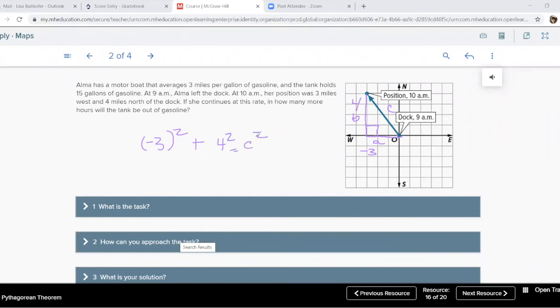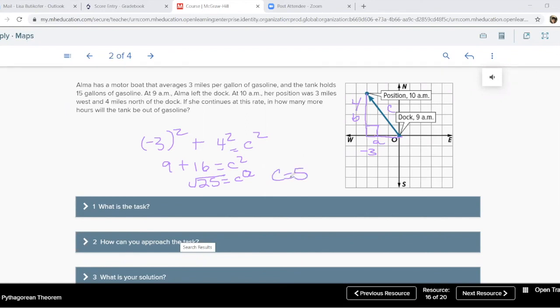Okay, so even if you did a negative 3 and you squared it, you're still going to get a 9 because remember, two negatives together make a positive. So 9 plus 16 equals c squared. So that's going to be 25 equals c squared. And to get rid of that squared, we do the square root. So c will be 5.